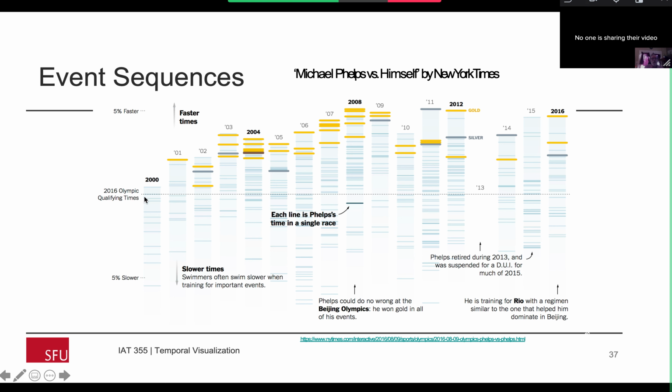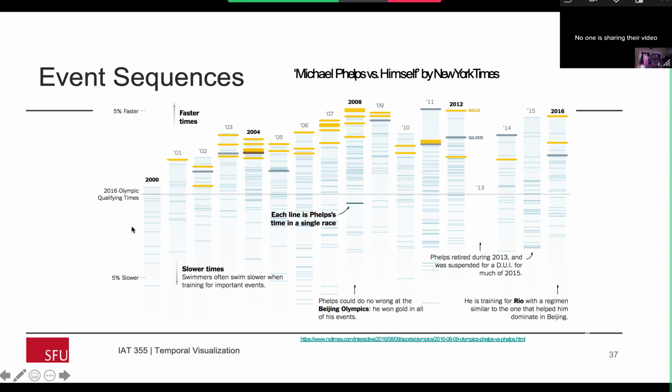And as you can see, his times at each of the individual swim meets got better and better up until 2008, and then held steady up until 2012, and then declined a little bit for 2016, with a lot of annotations indicating the shift in what he was doing.